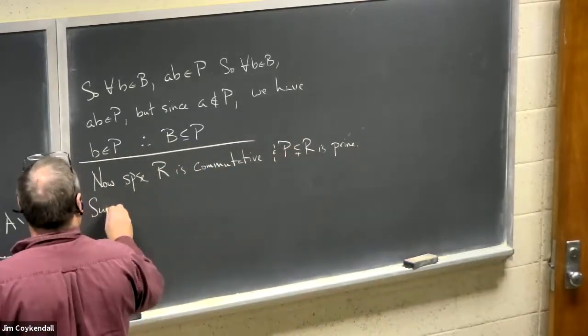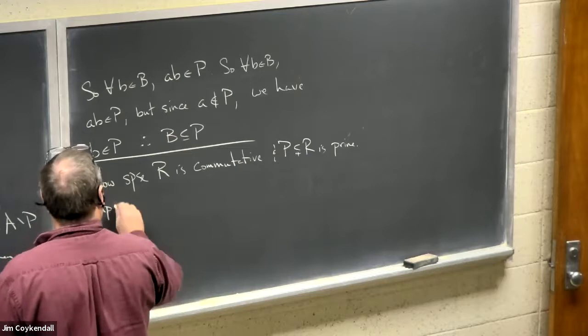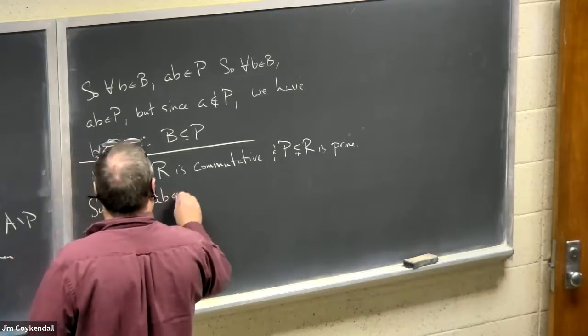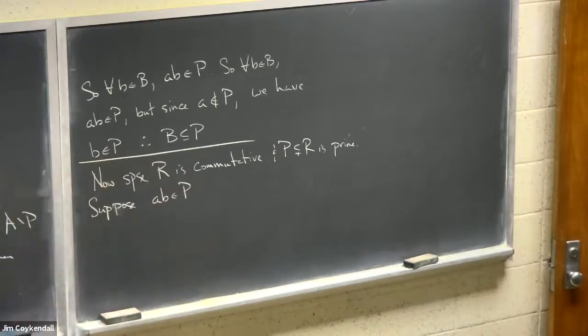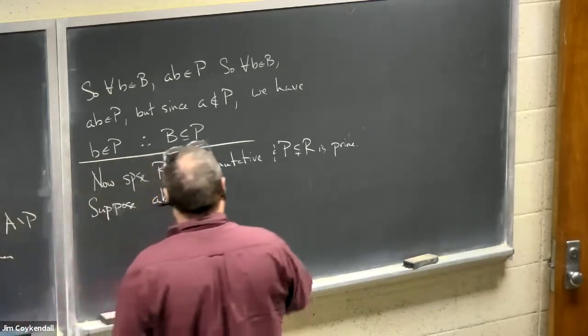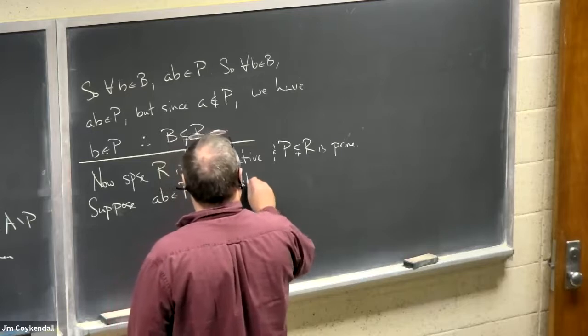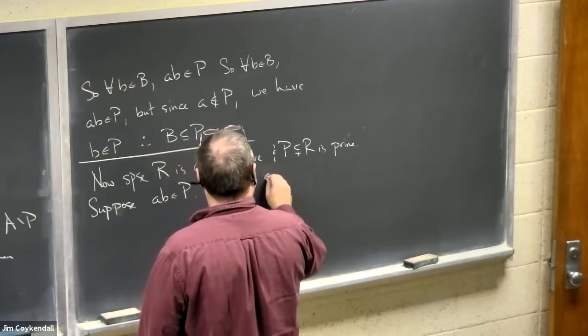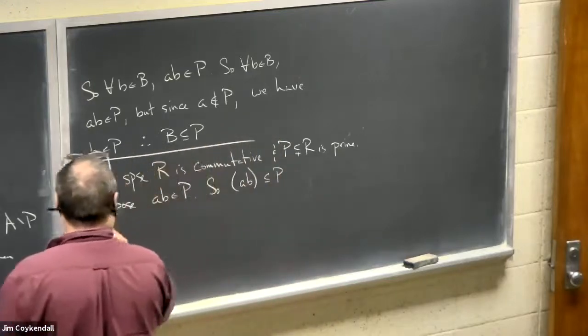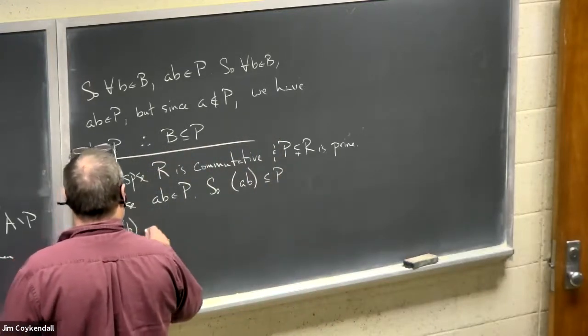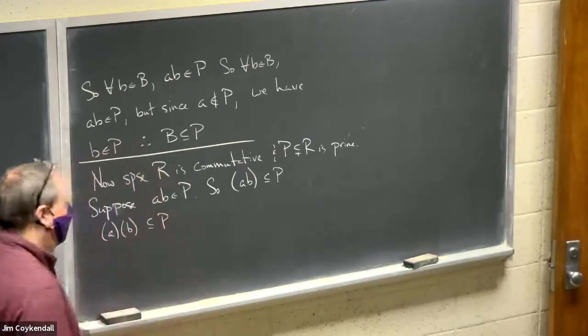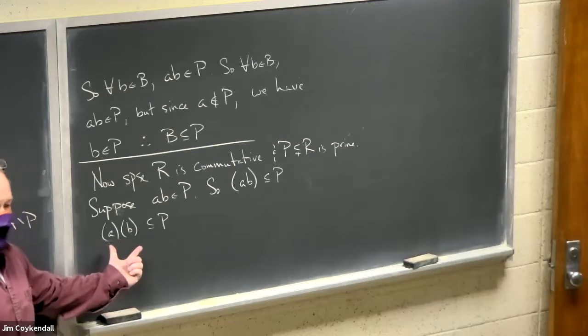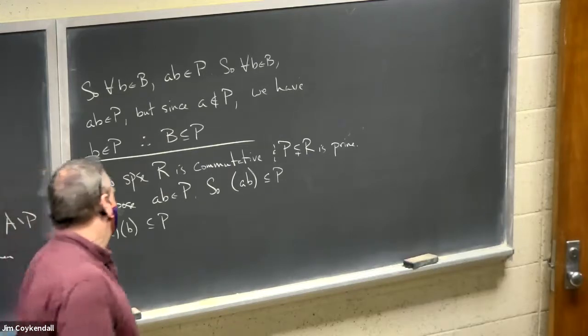I'll suppose that the product of two elements, a times b, is in P. Well, so the ideal generated by a times the ideal generated by b is in P. And so, read this, the commutative part.